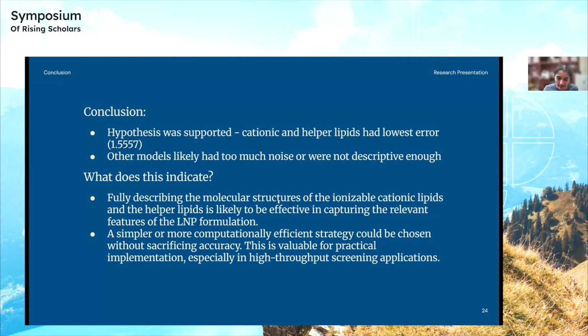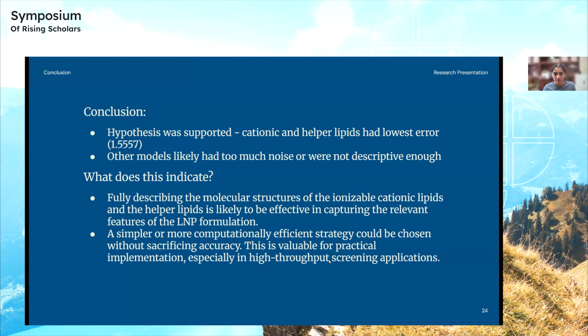And so what does this indicate? It indicates that fully describing the molecular structures is likely to be more effective at capturing the relevant features of LNP formulations. If the model used detailed chemical descriptors for these two lipids, it can capture their role in delivery, compared to models that fully describe the cholesterol and PEG, or those that use only basic formulation data.